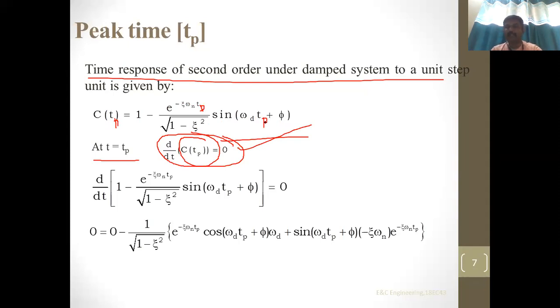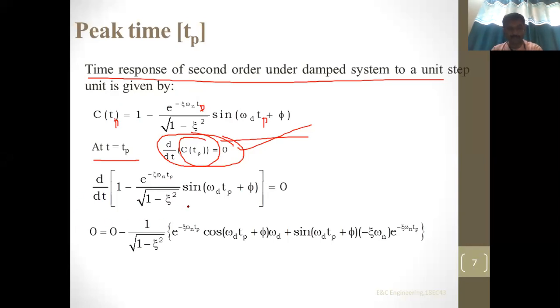Is it okay? Next, in order to find the maximum value at t is equal to tp, I need to differentiate this with respect to t. So d by dt of this entire value, 1 minus e power minus xi omega n tp divided by root of 1 minus xi square into sine of omega d tp plus phi. Is it okay? This differentiated value should be equated to 0.